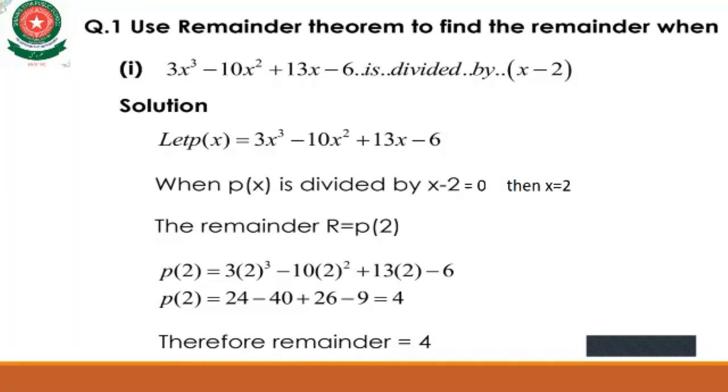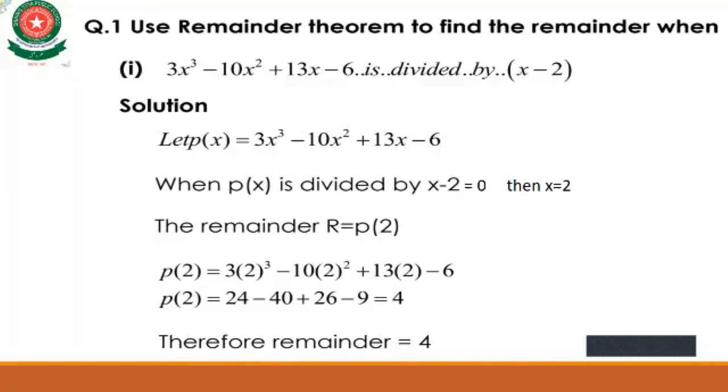Let p of x be equal to 3x cube minus 10x square plus 13x minus 6, which will be divided by x minus 2.